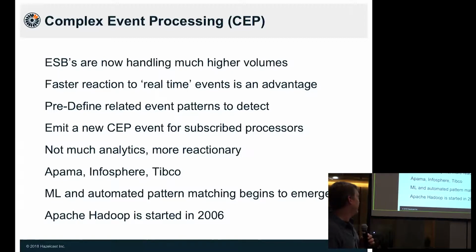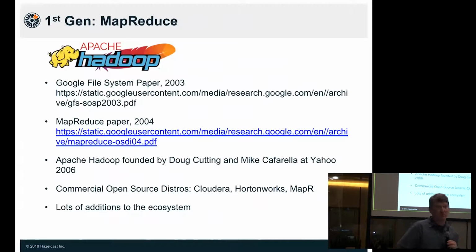So that was starting to come along, and at the same time, Hadoop came along. My coworkers, and I don't always agree with them, tend to think that Hadoop and MapReduce were the first generation when we started to look at per-event processing. But in my mind, it was still somewhat batch, because all you were really doing was taking these individual events, and this is also when unstructured data and NoSQL were coming out.